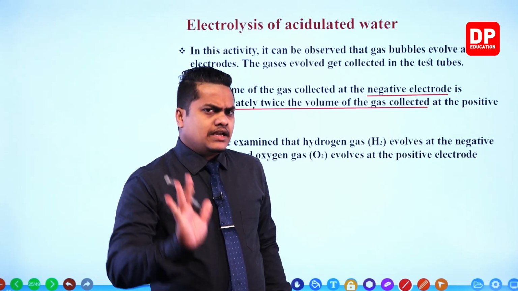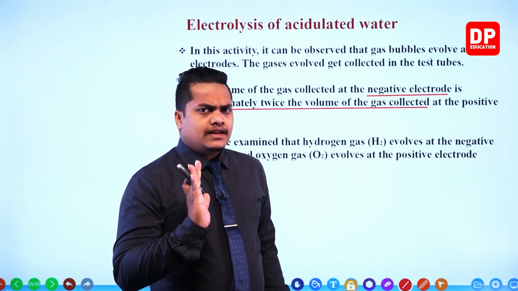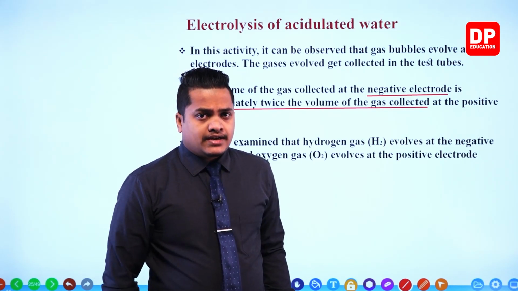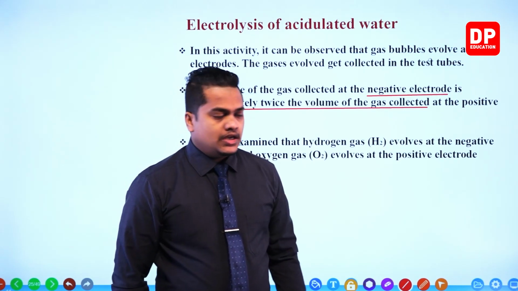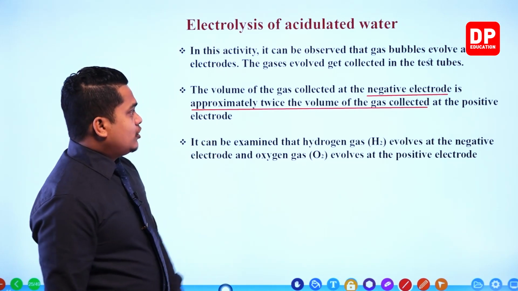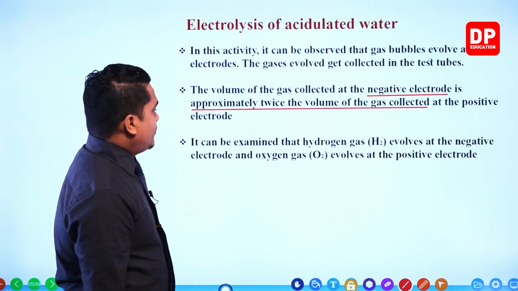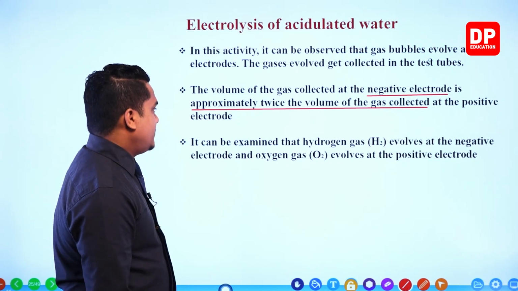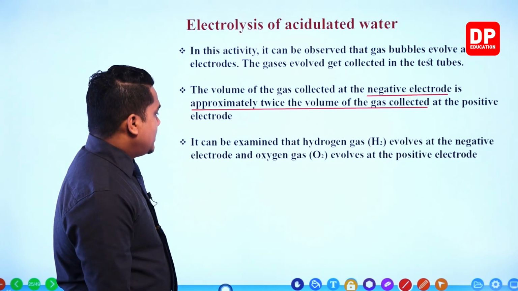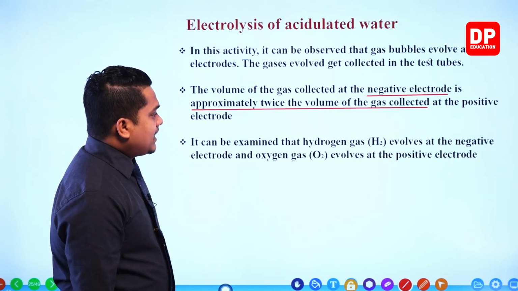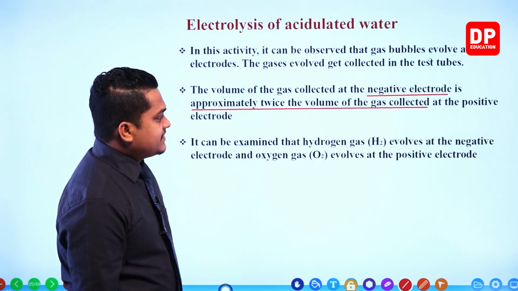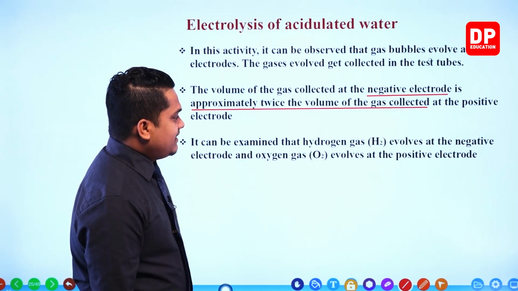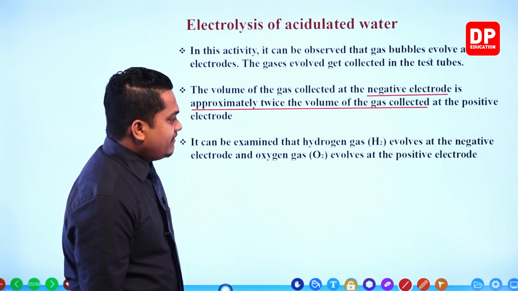However, we can say that the gas collected at the negative terminal is far greater than the gas collected at the positive terminal. So the volume of gas collected at the negative electrode is approximately twice the volume of gas collected at the positive electrode. It can be examined that hydrogen gas evolves at the negative electrode and oxygen gas evolves at the positive electrode.